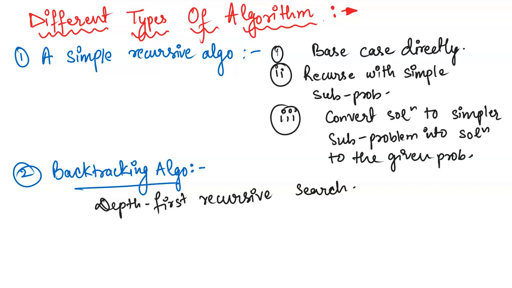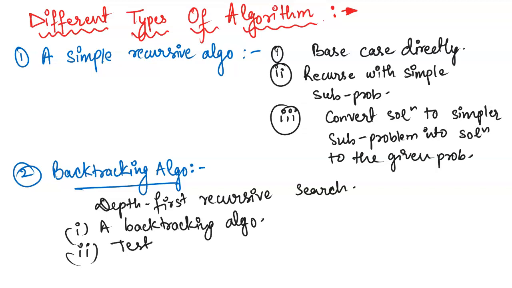So let me write it first. The first step is the backtracking algorithm. The second step: here we will test to see if the solution is found. If it is found, we will return it.